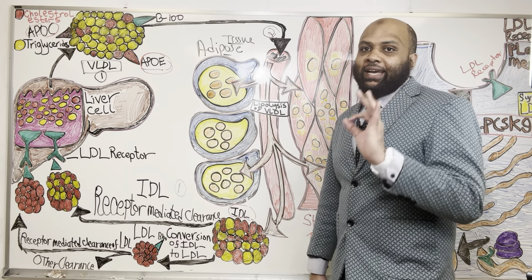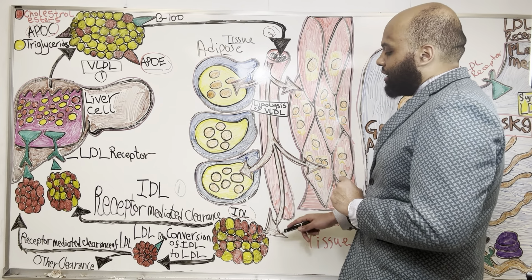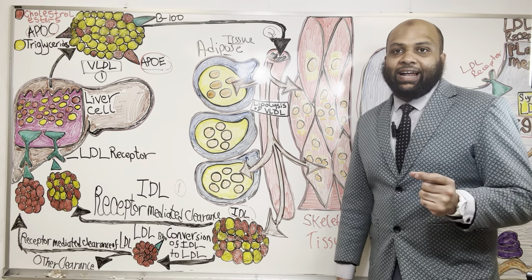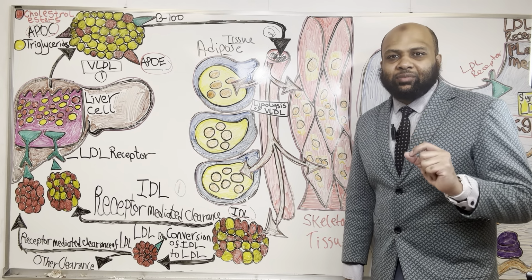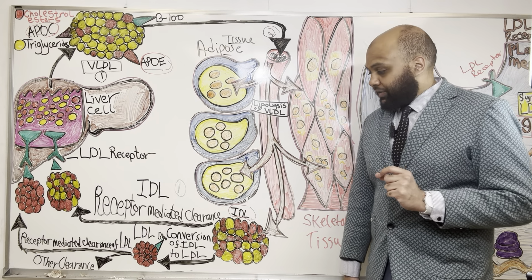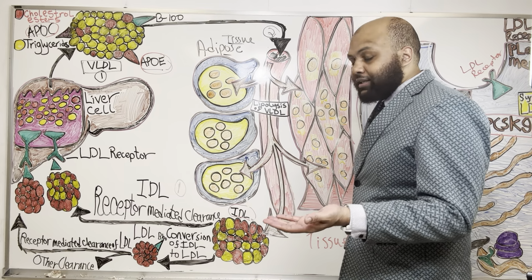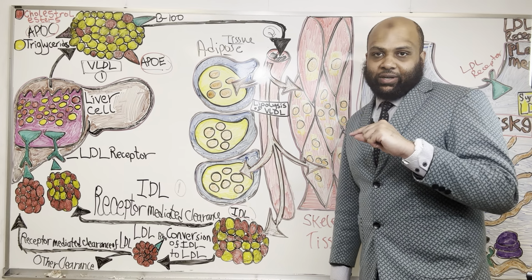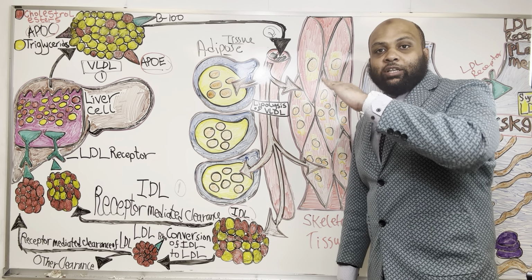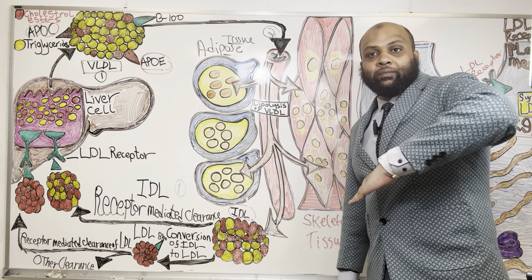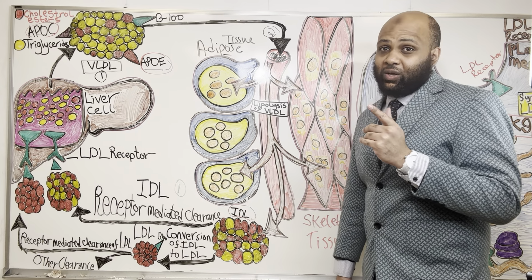LDL is low density lipoprotein. Now you have a leftover that came out of the blood vessel known as IDL, intermediate density lipoprotein. Now, intermediate density lipoprotein has a little more red than yellow. Now we tip the balance. In very low density lipoprotein, there was more yellow than red. But in IDL, there is more red than yellow.